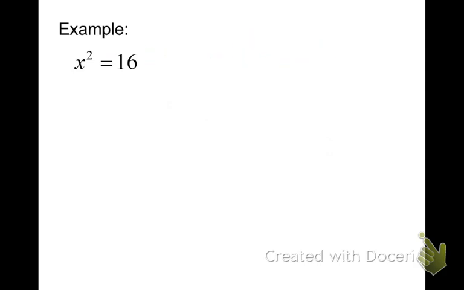So the work that I would do on a homework problem would look something like this. I would take the square root of the left side and the square root of the right side, and I would say x is equal to plus or minus 4. So anytime you take the square root of both sides, you get a plus or minus.